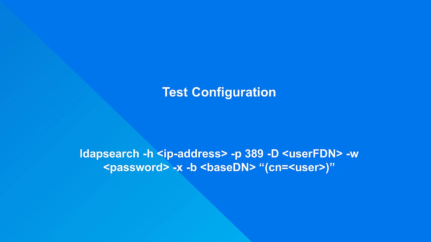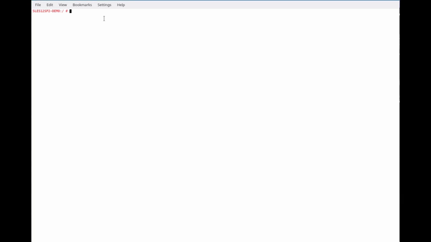In a terminal window on the SLES server, type ldapsearch -H, the IP address of the eDirectory server, -p 389, the port LDAP will be listening on, -D, the ldapadmin account we created in LDAP format, -w ldappwd, the password we assigned to the ldapadmin, -x, -b, and the base DN, which is ou=users,o=myorg, and the filter cn=linuxuser.